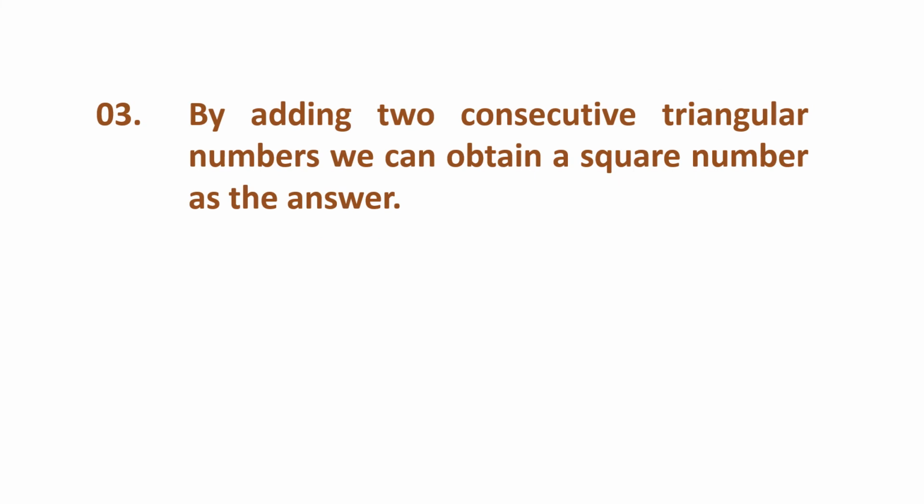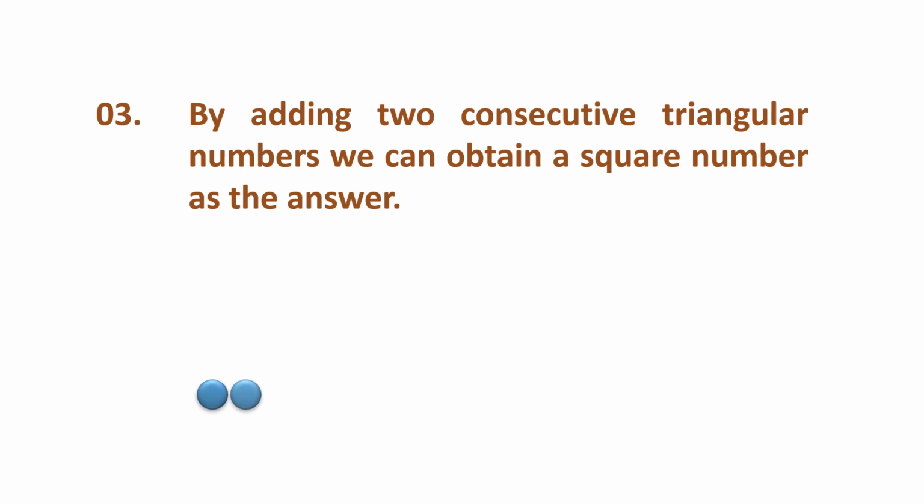Question number 3. By adding two consecutive triangular numbers, we can obtain a square number as the answer. Here, two consecutive triangular numbers means two triangular numbers which lie closer to each other. Right. So, we'll take an example.